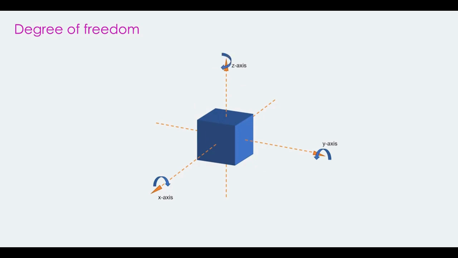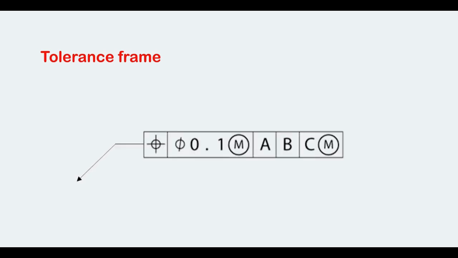In geometric dimensioning and tolerancing, a tolerance frame or feature control frame is required to describe the conditions and tolerances of a geometric control on a part's feature. The feature control frame consists of 6 pieces of information. The first is the arrow. This is used to represent the area of the technical drawing.